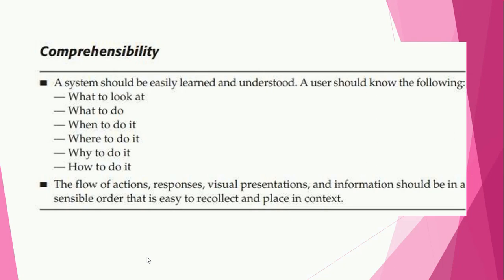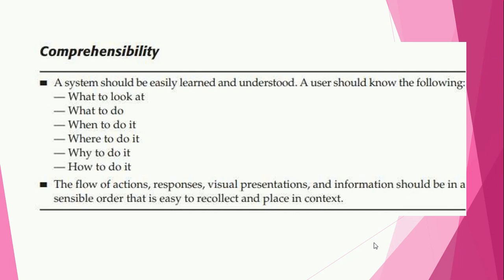If you use a graphical user interface without learning how to use it, it will waste your time and you may end up somewhere else. So the user has to learn how to use the graphical user interface first, and he has to know what he is looking at, what to do, when, where, why, and how. These questions all have to be answered by the user.